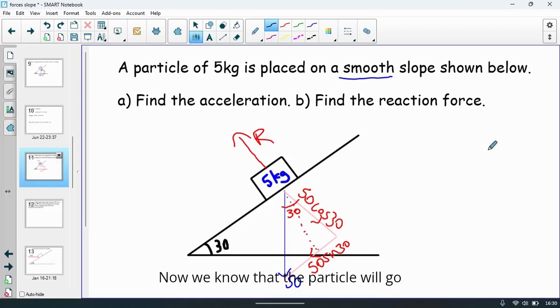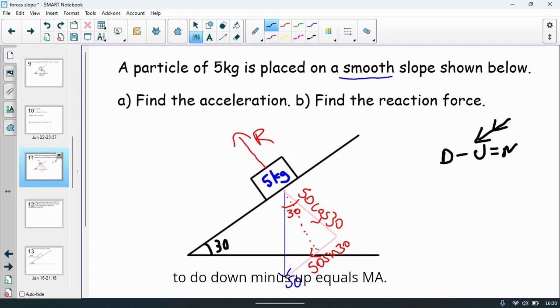Now we know that the particle will go down, right? Because the slope is steeping down. So our direction will be down. Now, when we do F equals ma, we need to do down minus up equals ma.